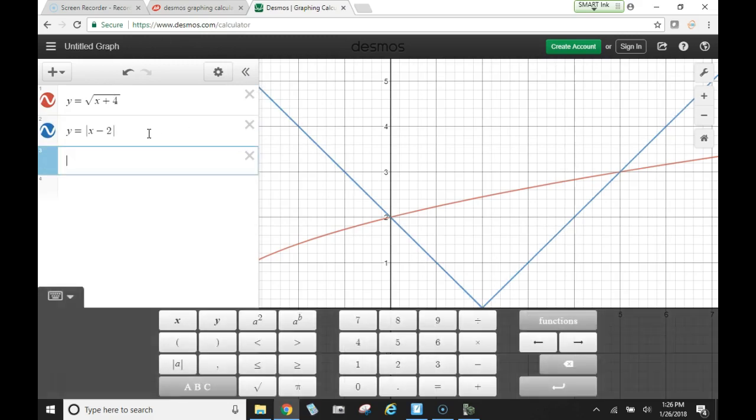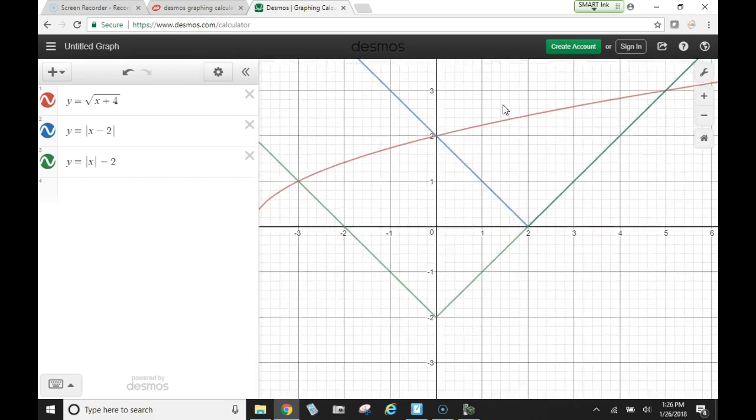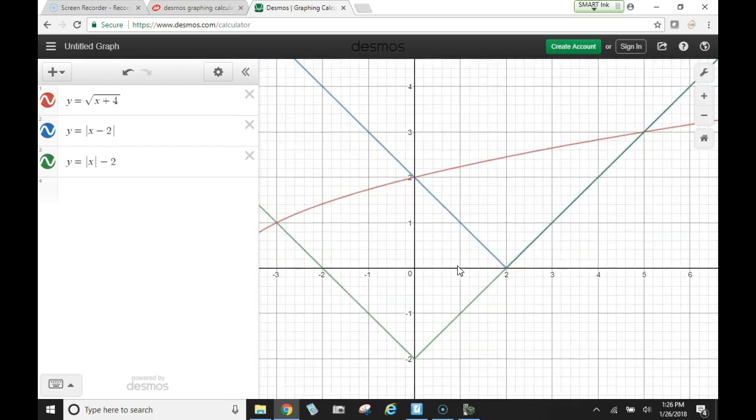With this, it's really easy to see what's the difference between y equals, for example, absolute value of x minus 2. And I'm going to see if that's the same thing as y equals the absolute value of x, and then I'm going to cursor over here and say minus 2. And you know what? It shows in green, after I kind of move these around a little bit, it shows in green that those are not the same.